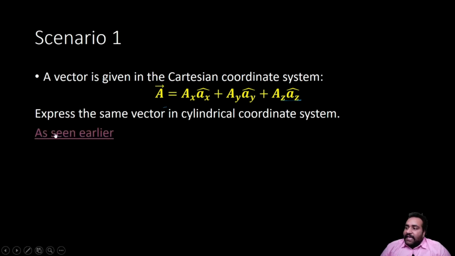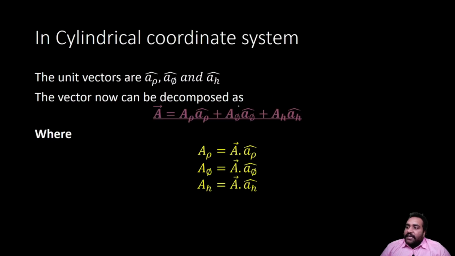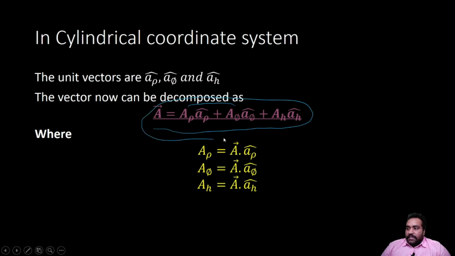As seen earlier, a vector in cylindrical coordinate system would look like this. In order to convert the vector into the cylindrical coordinate system, you need to find the values of A rho, A phi, and A z.